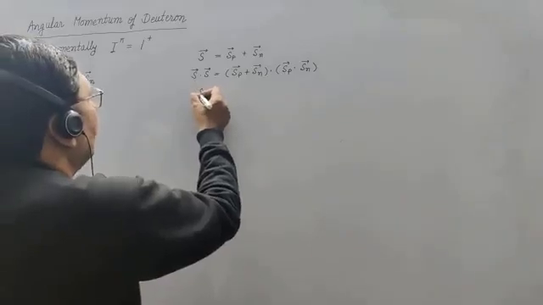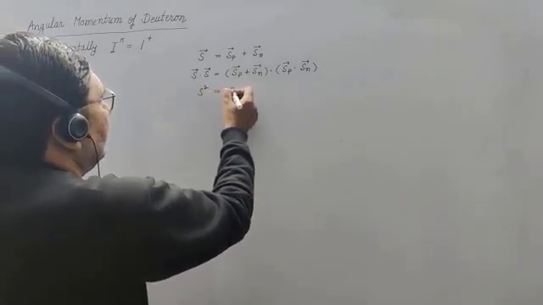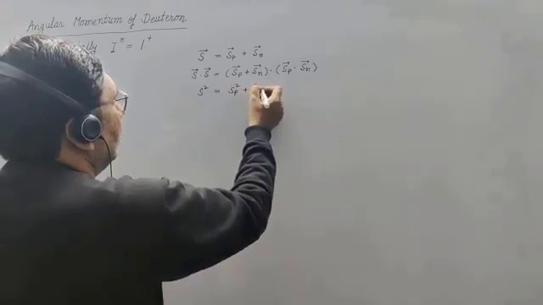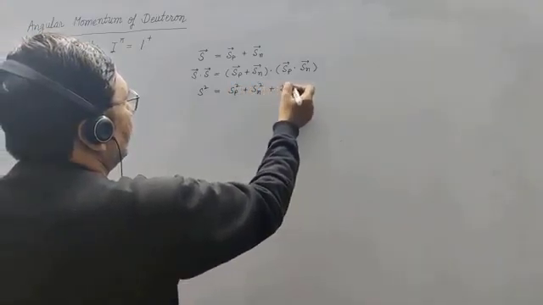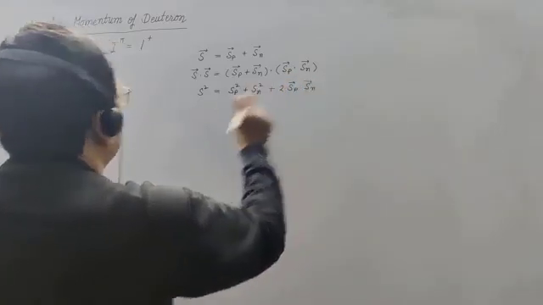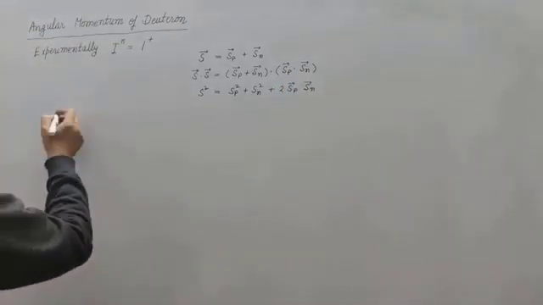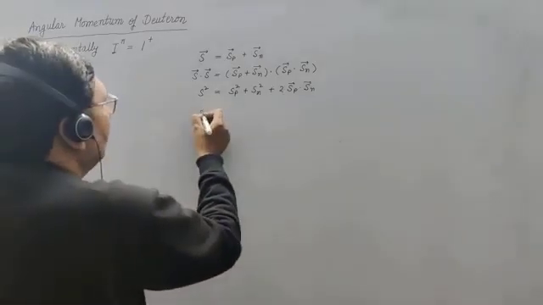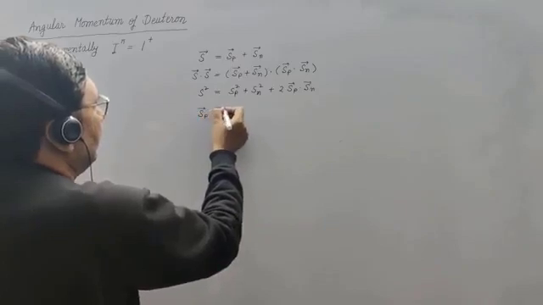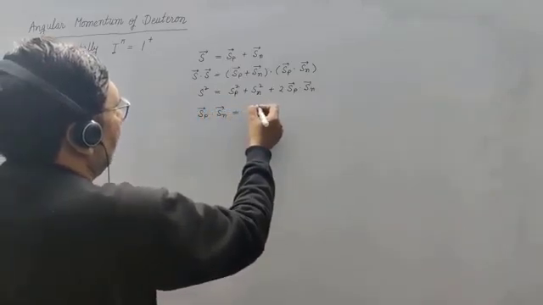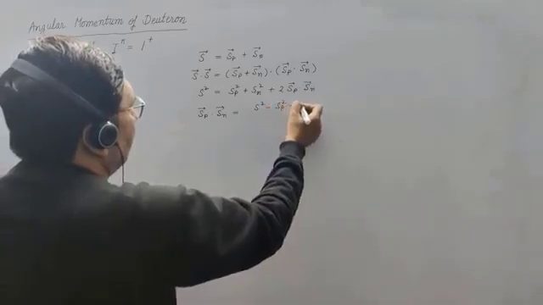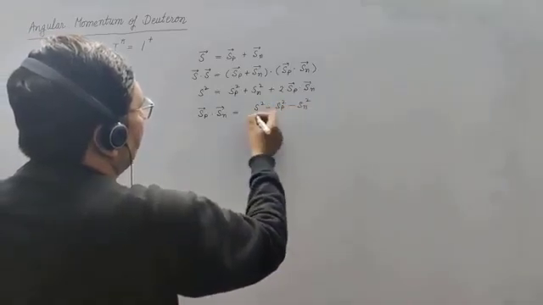This will be s square equals sp square plus sn square plus 2 times sp dot sn. So from here, the value of sp dot sn will be equal to s square minus sp square minus sn square, divided by 2.